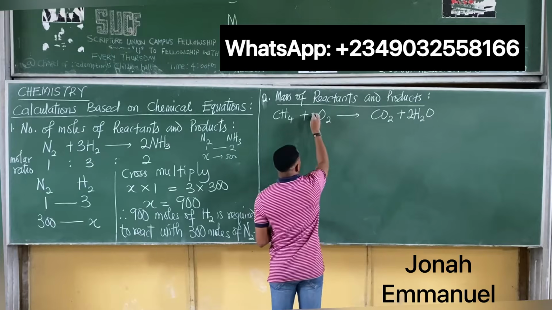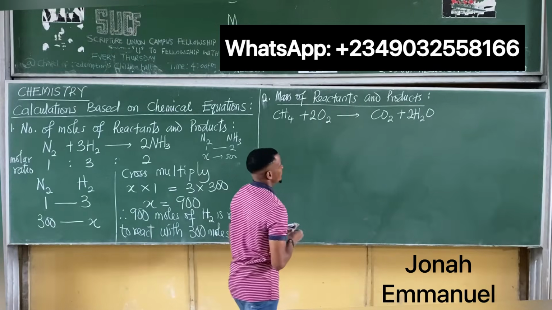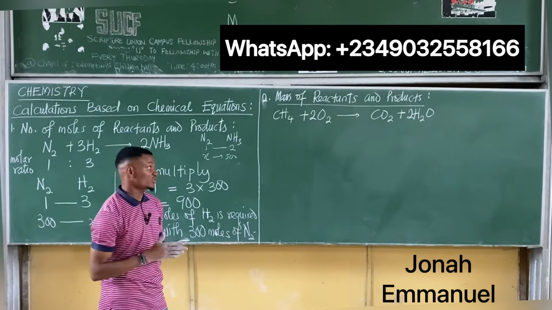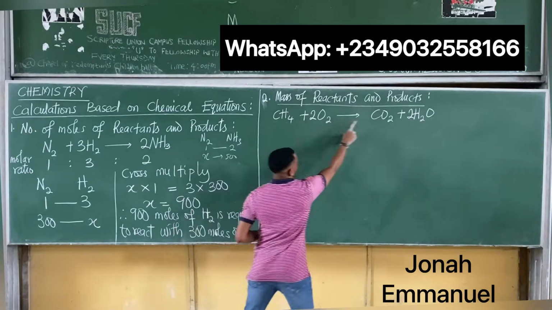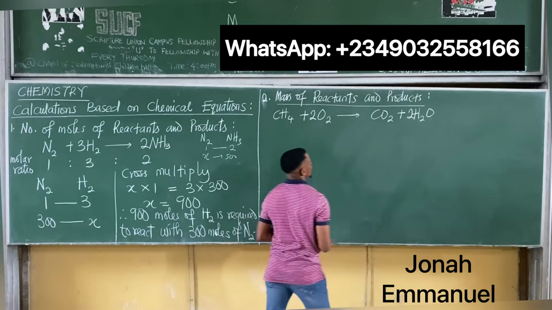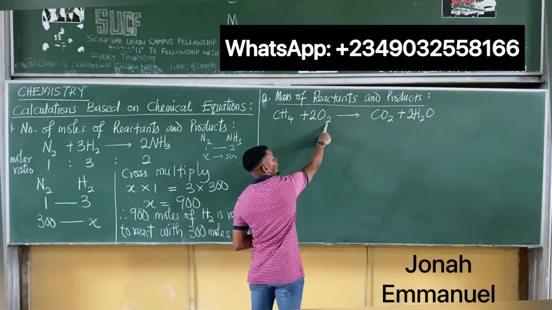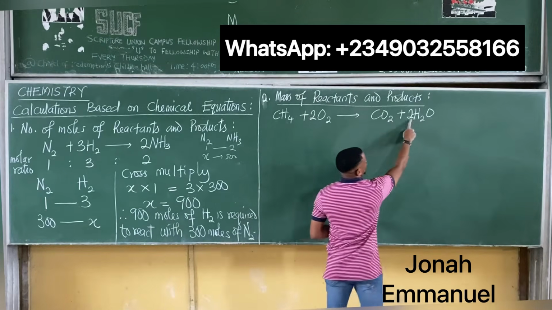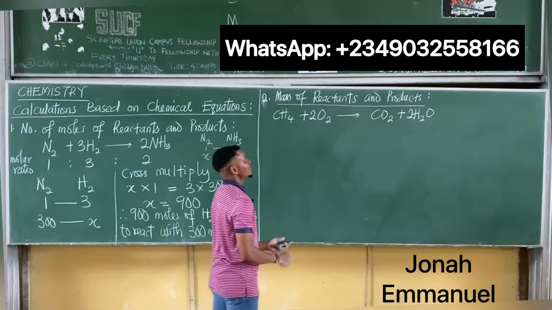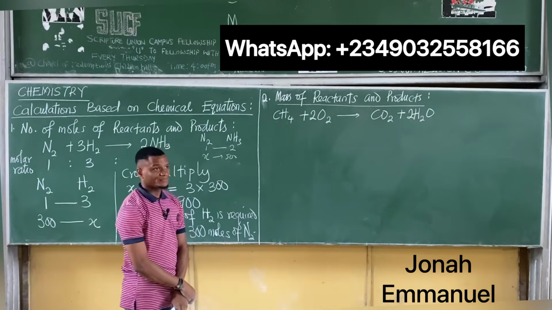This one is 2. I'll add 2 here to make it 4. I now have a balanced chemical equation. Please check. Carbon is 1, 1. Hydrogen is 4, 2 times 2, 4. Oxygen is 2 times 2, 4. This is 2, 2 times 1, 2. So 2 plus 2, 4. It's a balanced chemical equation.